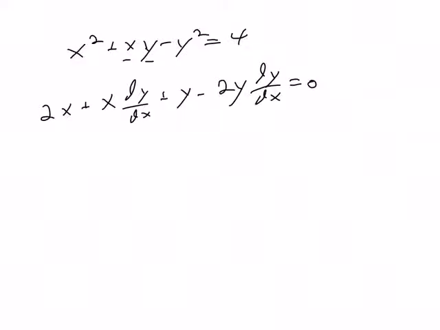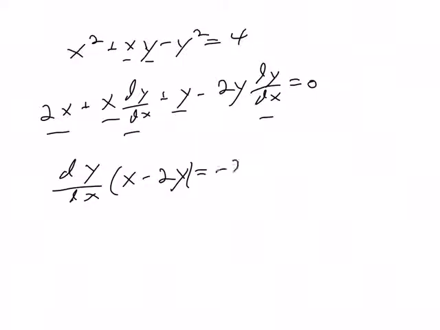Or in other words, we can take out the dy, so we're going to get dy over dx of (x minus 2y) is equal to, and let's move this to the other side, negative (2x plus y), and then divide by this, so x minus 2y. Okay, next problem. That was problem 7, so now problem 8.